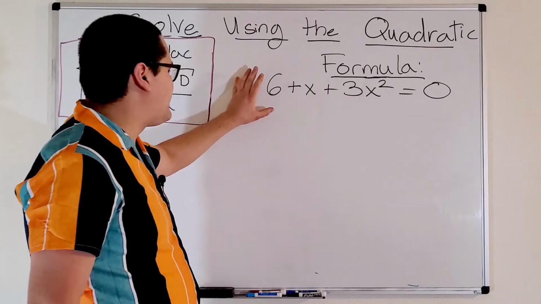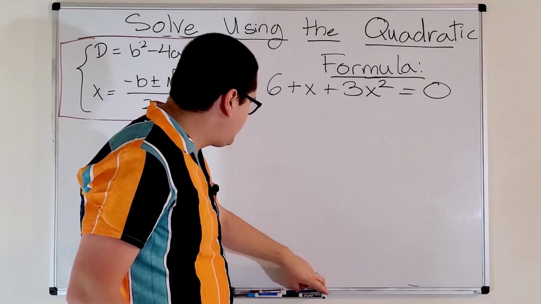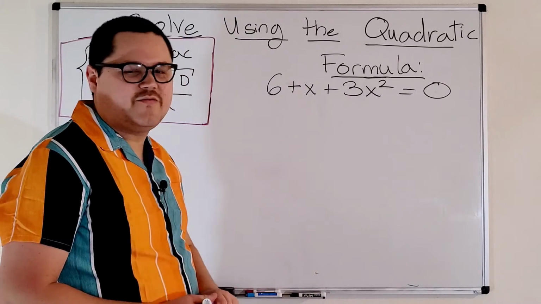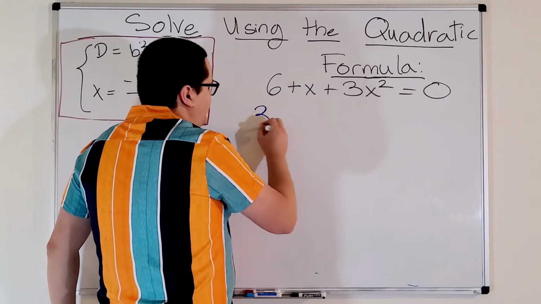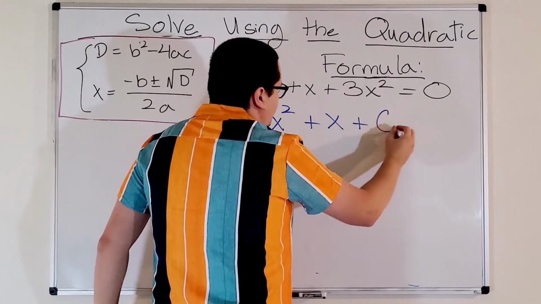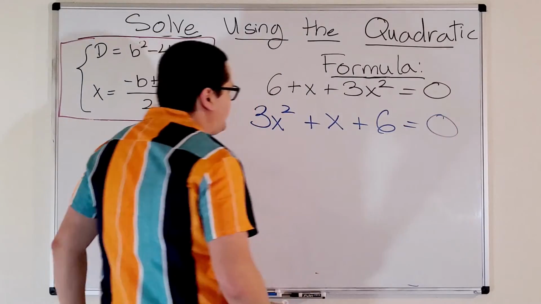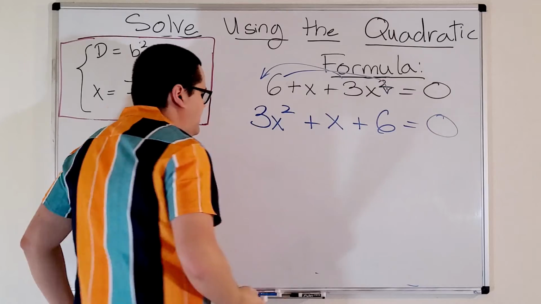And this is not. This is sort of an attempt to trick us. So we need to rearrange this in standard order. So we would have 3x squared plus x plus 6 equals 0. We move this one out front and this one behind.